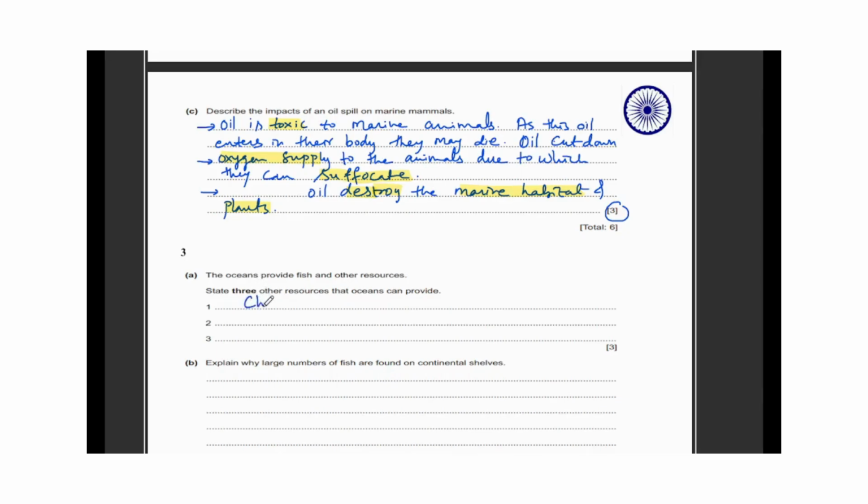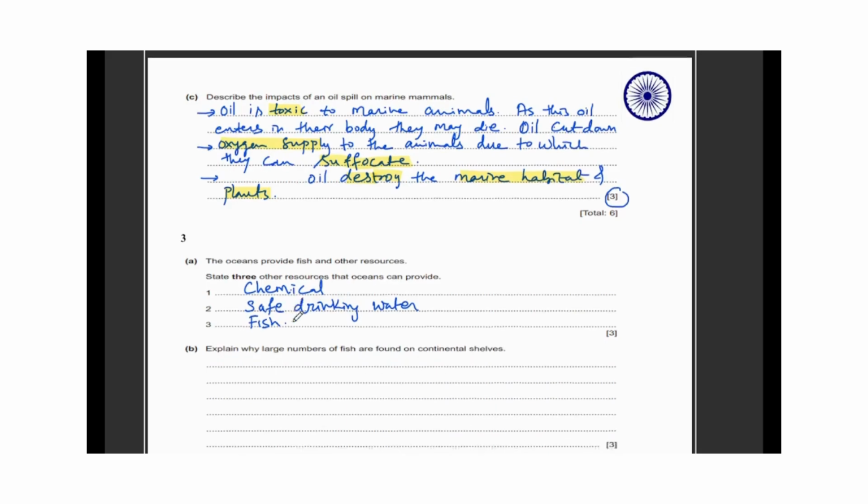First one, you can write chemicals. Then safe drinking water. What else? We also get food, that is fish or crab, and building material like sand. So these are 3 basic resources that we get from the ocean.